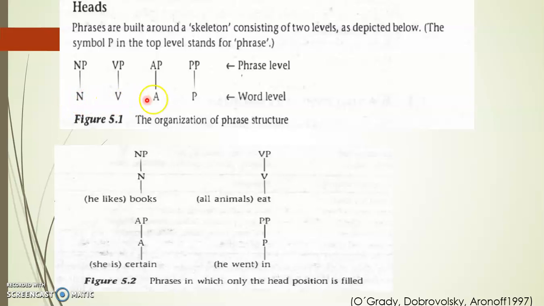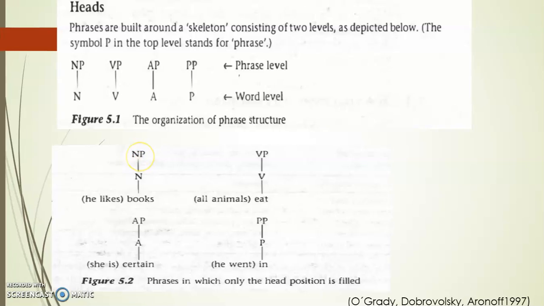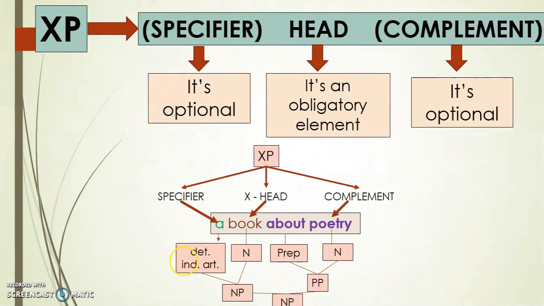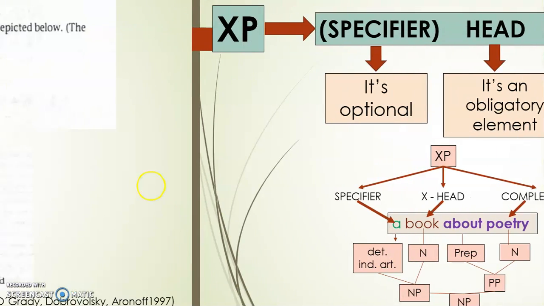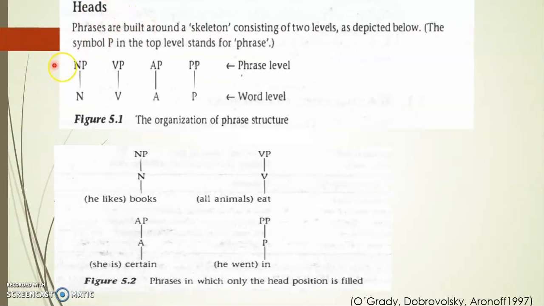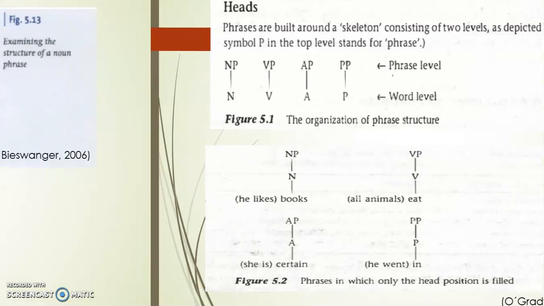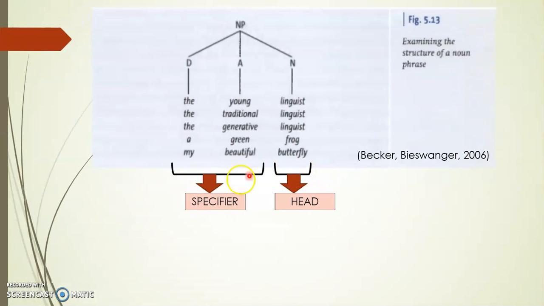So we have a word level, in which we have the determiner and noun, and then a phrase level: noun phrase, verb phrase, adjective phrase, prepositional phrase. We have the head here: he likes books, books, noun phrase; all animals eat, verb phrase, in which only the head position is filled. Very good.